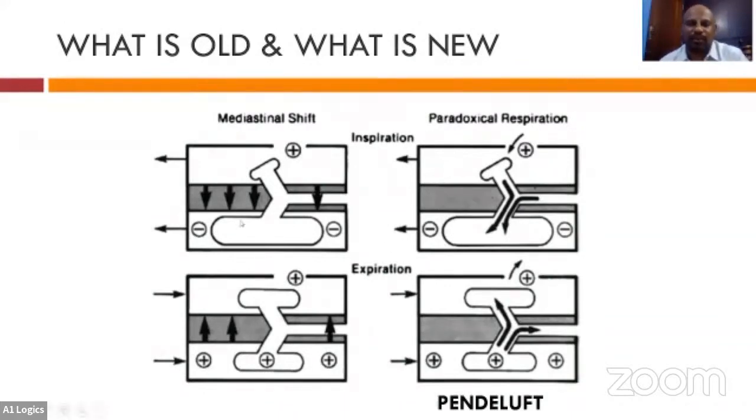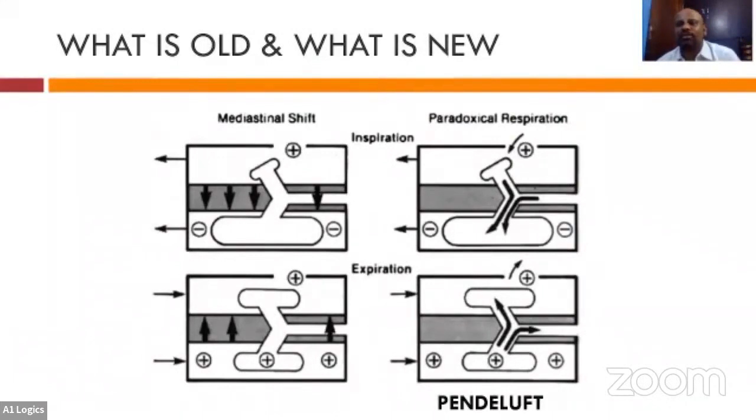In a similar way, whenever there is an inspiration, the lower part of the lung, which has an intact pleural cavity, will pull the mediastinum down, and during exhalation the mediastinum will come up. So the whole mediastinum will be moving, and the lung also will be moving. This was in the days of spontaneous ventilation. These 2 phenomena are called mediastinal shift and paradoxical respiration, which give rise to the pendulum.